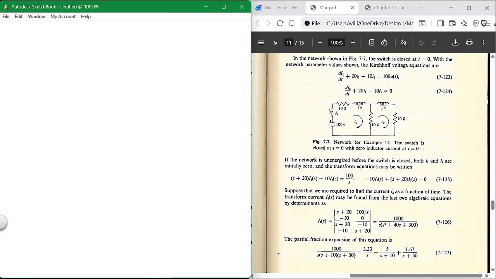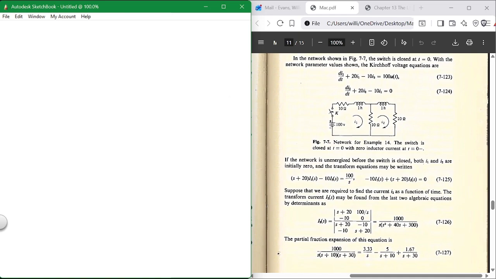this loop right here. So he starts with di1 over dt, this inductor. That's the voltage through that inductor, plus 20 I1. How did he get 20 I1? Well, there's 10 here and there's 10 here, so there's 20 I1, minus 10 I2.